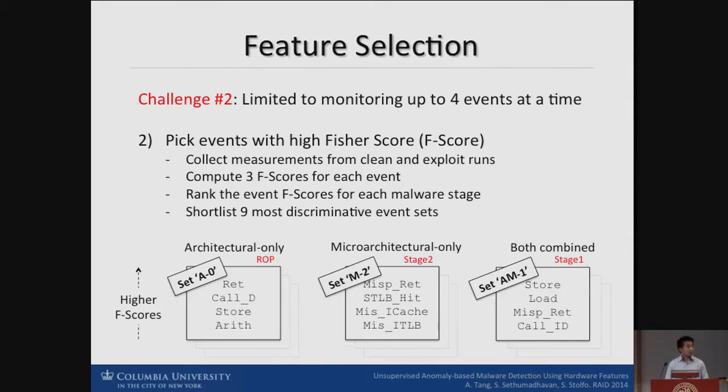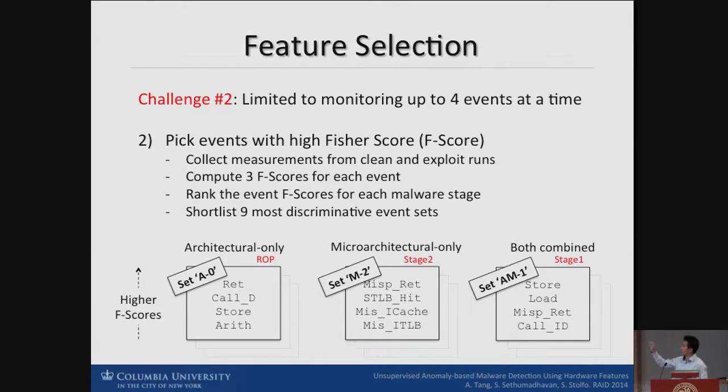Next, we rank the F-scores by grouping them based on microarchitectural only events, the architectural events, and combining both of the groups together. With that, we have 9 candidate event sets with 4 events each. And then we label these sets so that we can refer to them as we build the models. We label the sets with a prefix A to represent the sets that contain the architectural events.